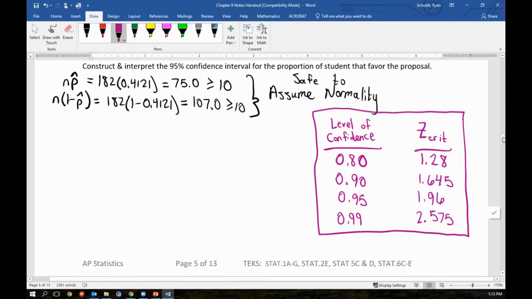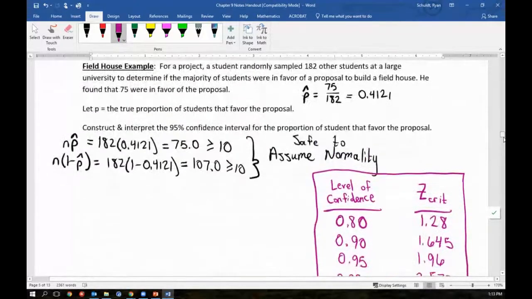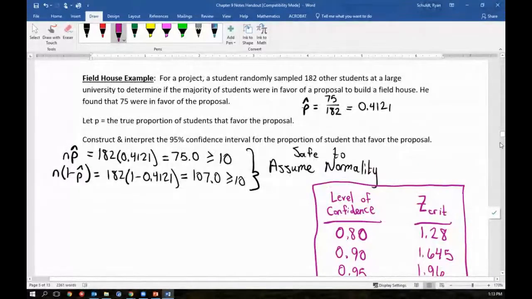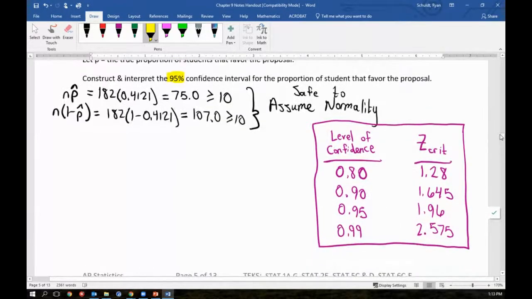Okay, let's get back to our problem here. We want to create a confidence interval. So what percent confident are we going to be here? What does it ask us to be? 95% confident. So which of our critical values would we use? 1.96.